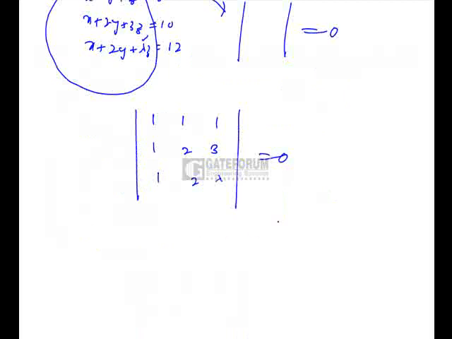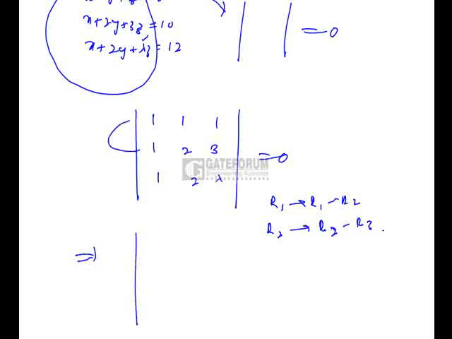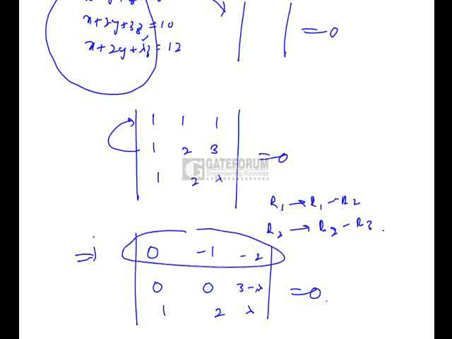Let us apply row operations. We'll apply R1 tends to R1 minus R2 and R2 tends to R2 minus R3, so that the simplification will become easy. If I apply R1 minus R2, it will be 0, minus 1, minus 2. Similarly R2, 0, 0, 3 minus lambda, 1, 2, lambda is equal to 0. Now, instead of expanding horizontally, we'll expand vertically, so that the simplification will be easy.